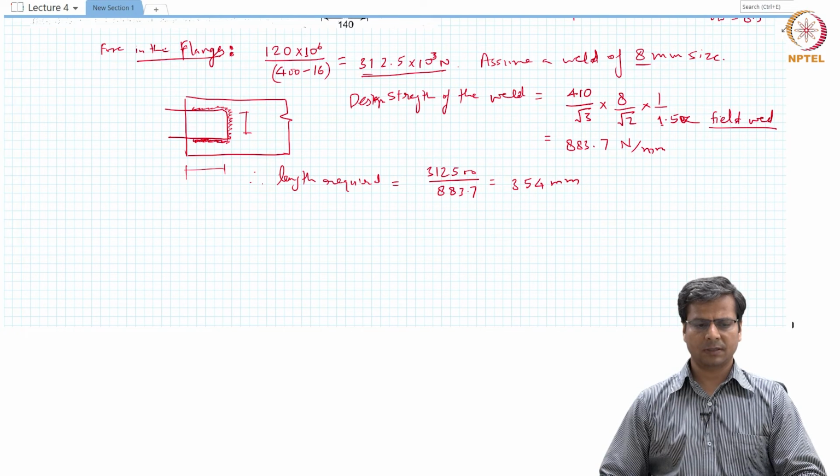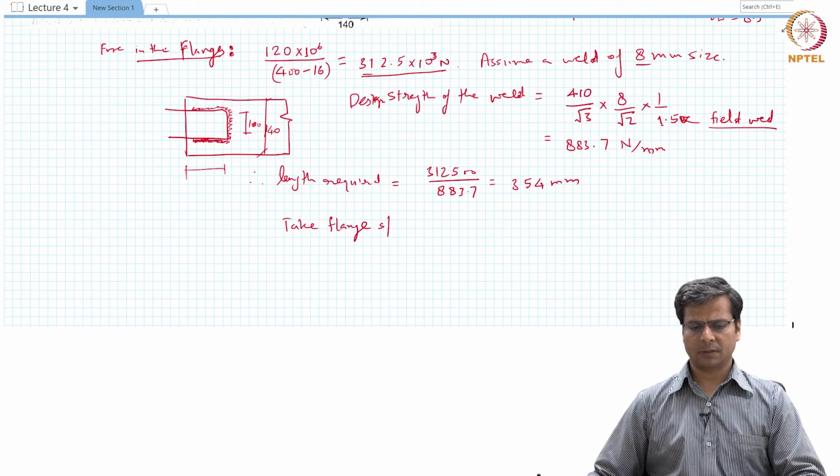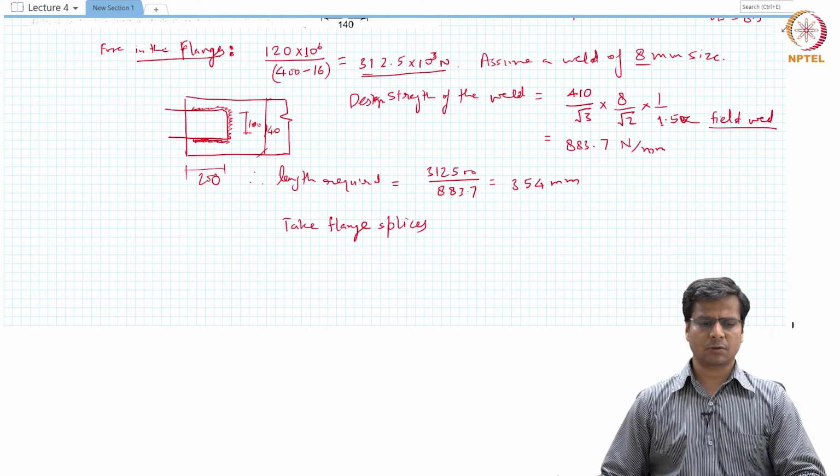On this side, since the total flange width is 140 millimeters, we can take a splice of 100 millimeters, which will be far away from the edges, so there is no issue there. So 100 millimeters is covered here. Total we need 354. To be on the conservative side, let us take flange splices in such a way that it has 200 millimeters on each side available.